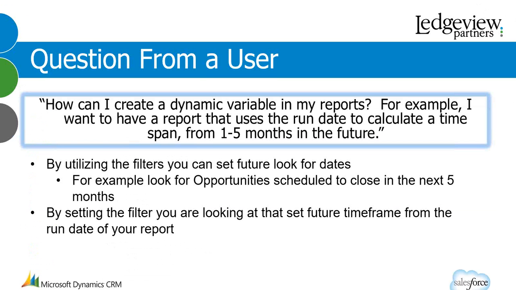Our next question is, how can I create a dynamic variable in my reports? For example, I want to have a report that uses the run date to calculate a time span from 1 to 5 months in the future.